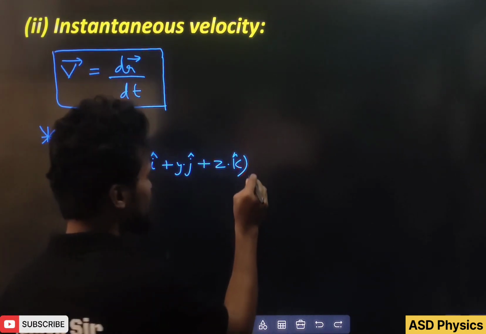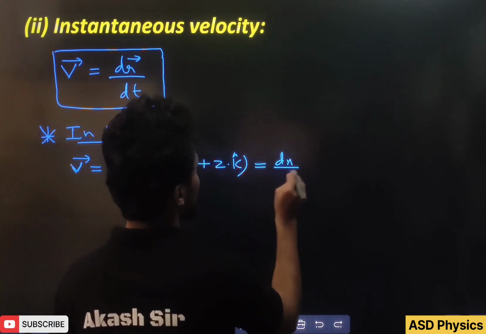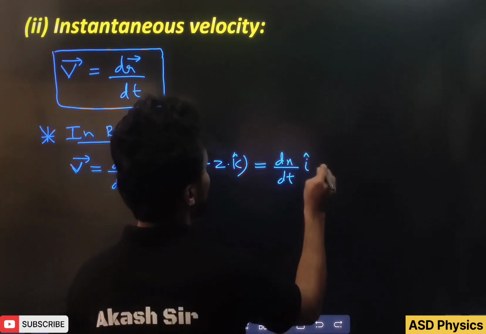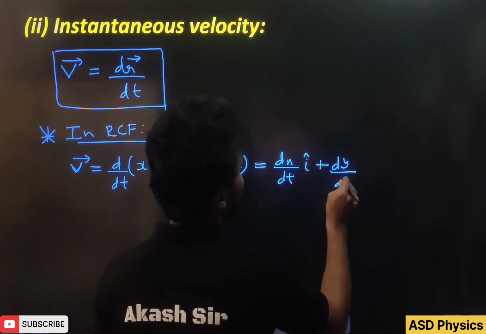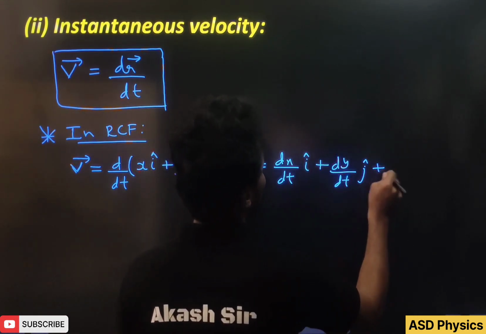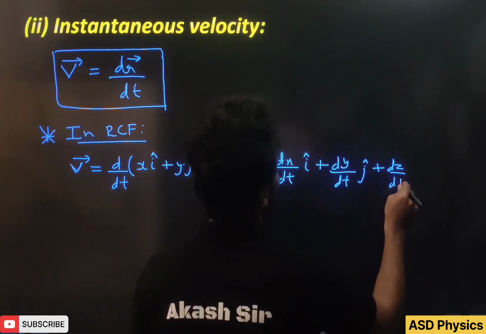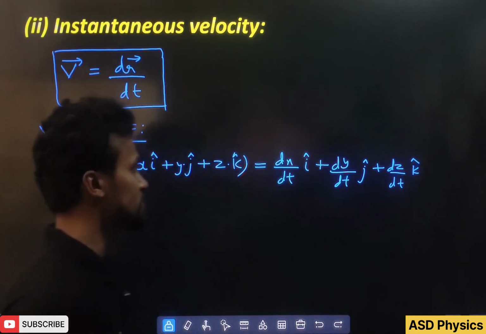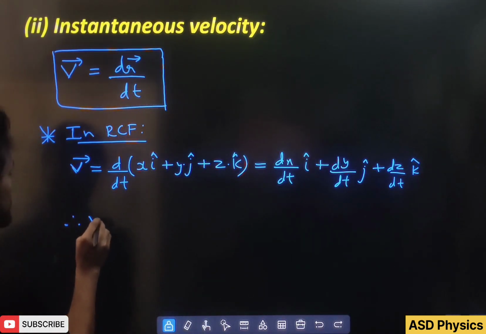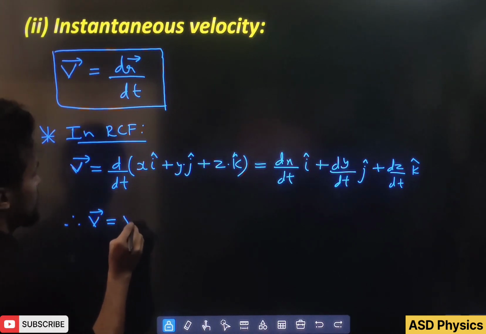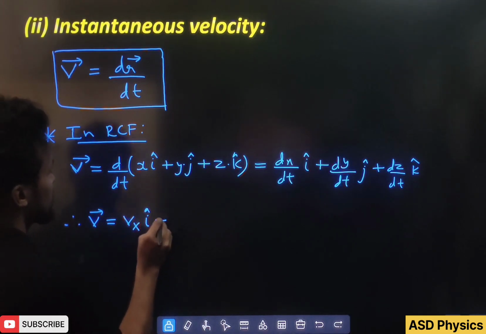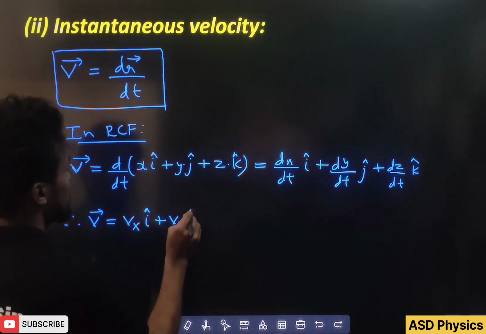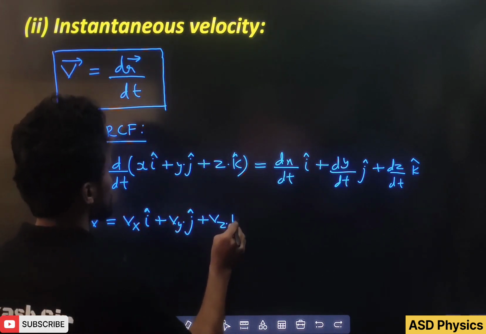Again, let's separate it: dx by dt i cap plus dy by dt j cap plus dz by dt k cap. So when I write this in RCF form, we can write Vx i cap plus Vy j cap plus Vz k cap.